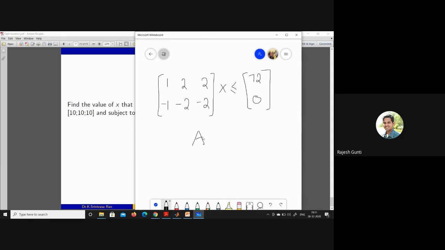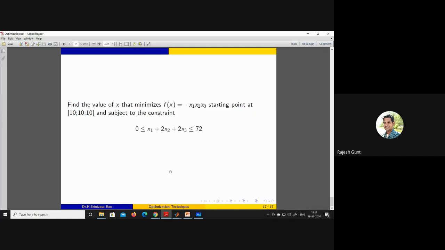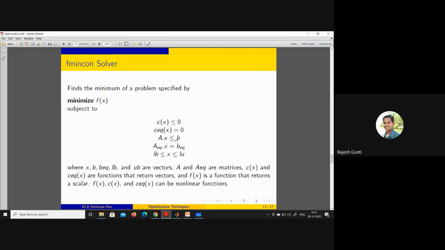Ax less than or equal to 0. What is this equation actually? It's Ax less than or equal to b. This is the model. There is no other type of constraint; only Ax less than or equal to b is present here.